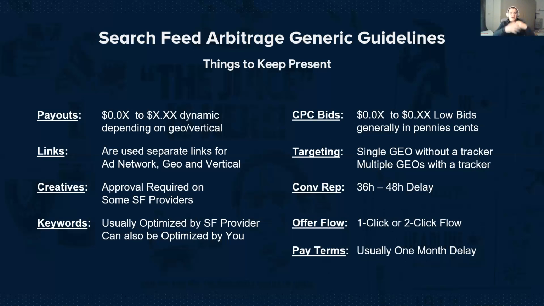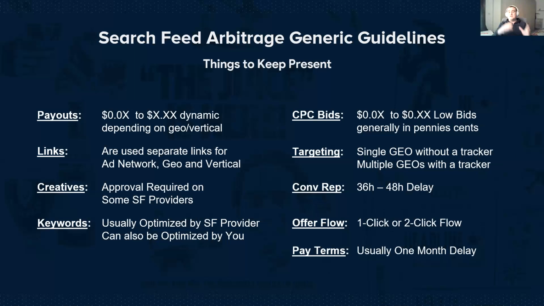We may even get some specific search feeds out of the generic ones that the network has. But in terms of optimizing keywords, that is most of the time done automatically, even though some networks allow us to input our own keywords or optimize ourselves on the keyword level.